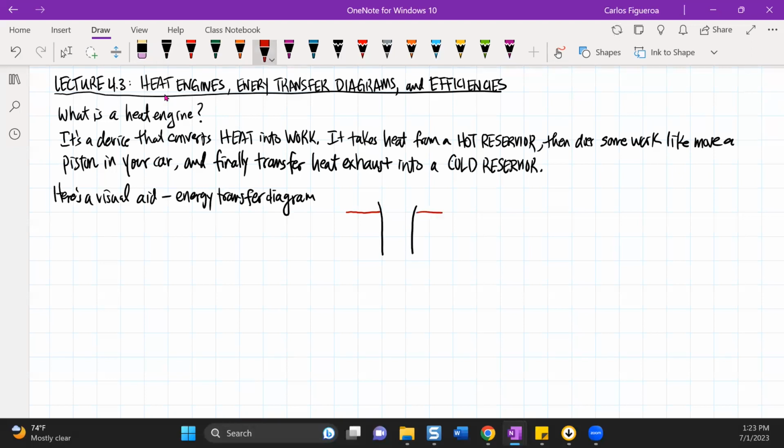Here's my hot reservoir, and it has a temperature of T hot. Now what happens here is that I'm going to take heat from this, and a part of it is going to go in this direction.